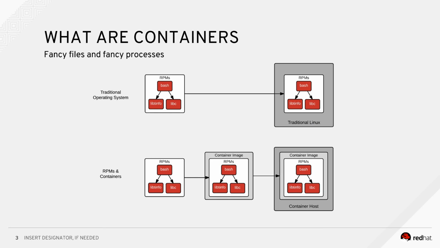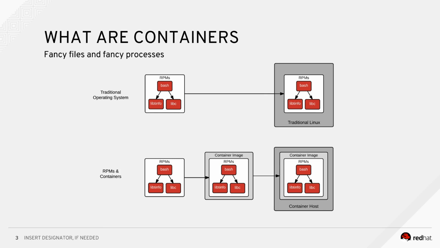In a containerized world, when you're building the container image, you pull the RPMs in, it pulls in its dependencies, and then when you're done getting that container image looking the way you want, so you install all of your apps and maybe you put your own code and your own scripts on there, you save that container image. And then that container image is held separate from the underlying container host, which can be a traditional Linux system.